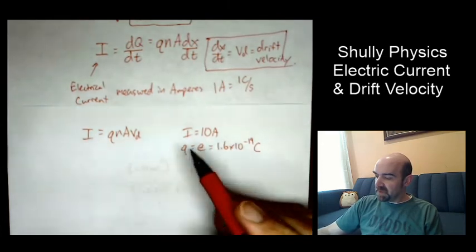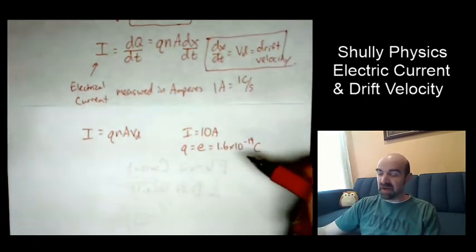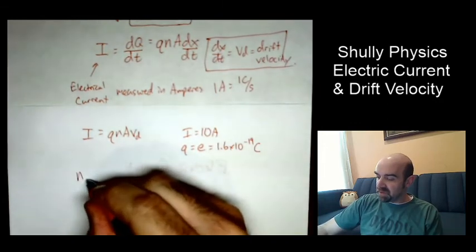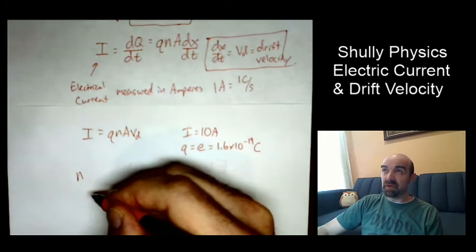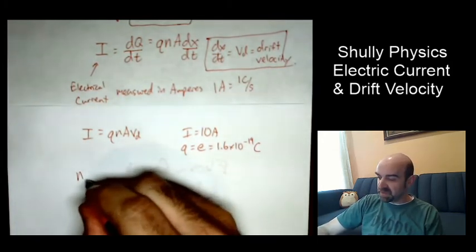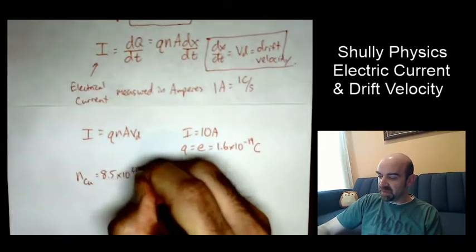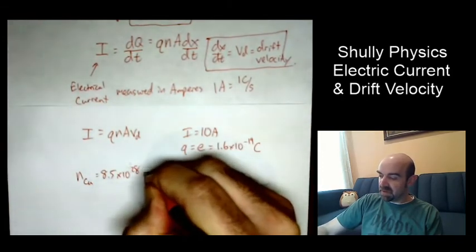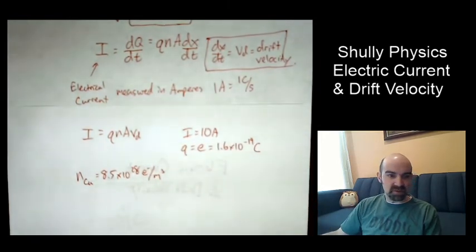Let's be a little bit more specific here. A copper wire, so the N value, the number of particles per unit volume of copper, has been measured and determined to be about 8.5 times 10 to the 28 electrons per cubic meter.